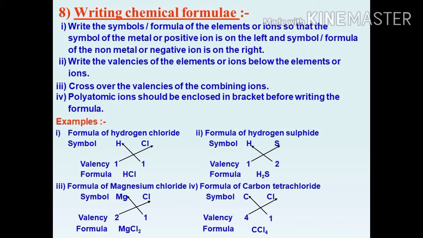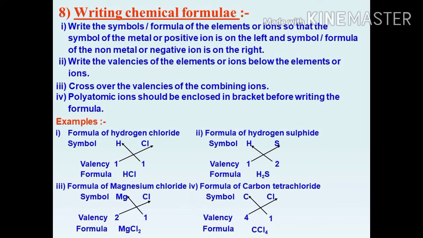Cl is negative, so it should be written on the right side. Formula of carbon tetrachloride, symbol CCl. Valency for C 1, chloride 4. So CCl4 is the chemical formula of carbon tetrachloride.